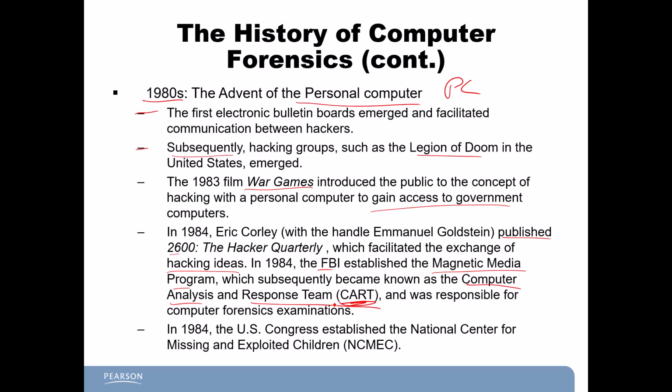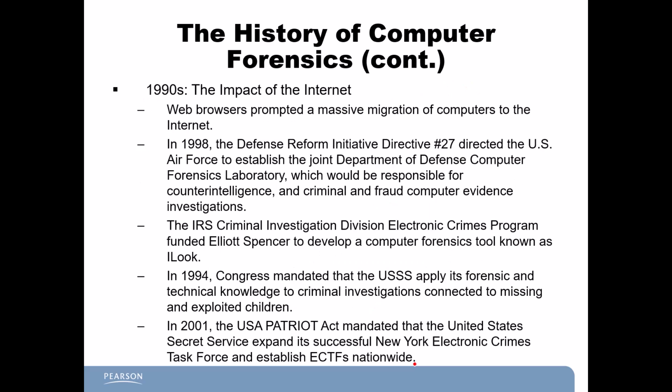They were basically the FBI's primary response for computer forensics examination. Also in 84, Congress established the National Center for Missing and Exploited Children. Again, you're not going to be able to leave that one alone. Exploitation crimes with children are a big push for digital forensics in the realm of computer forensics. Not the only one, but one of the big ones.